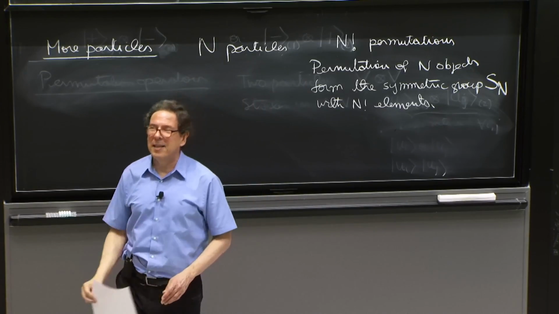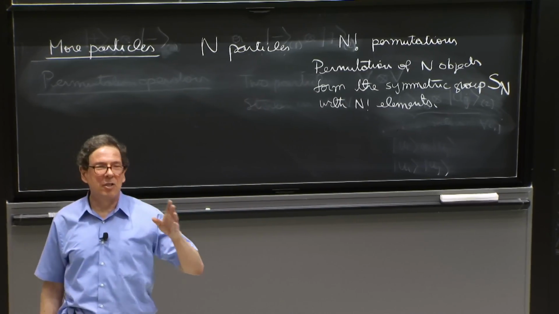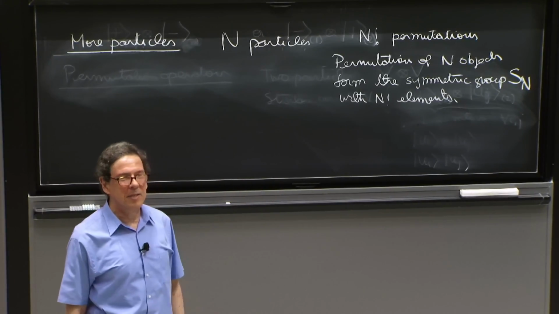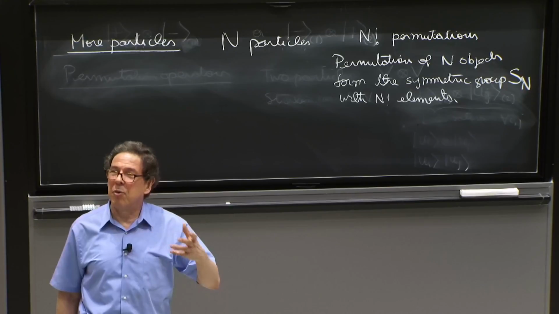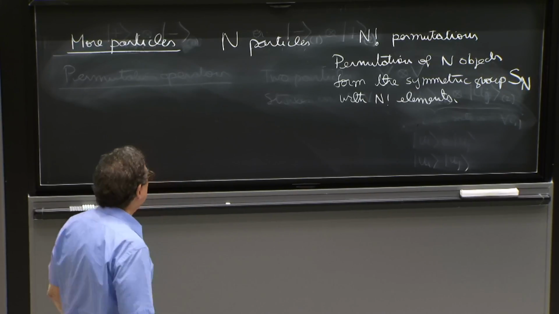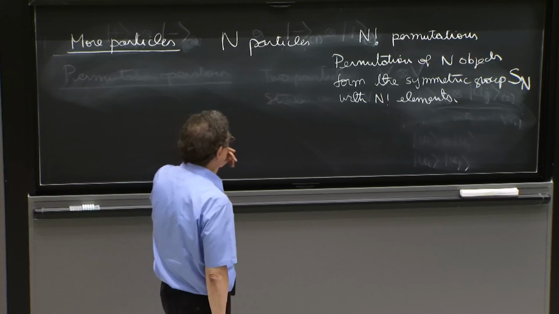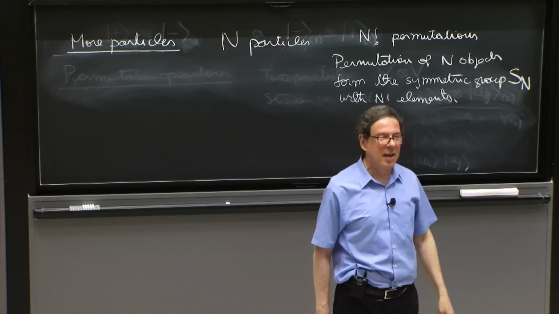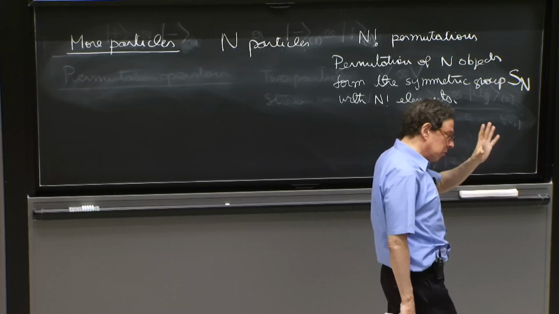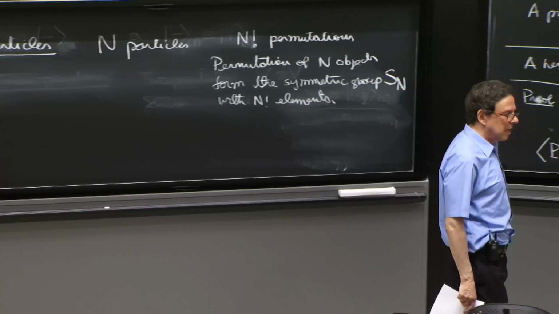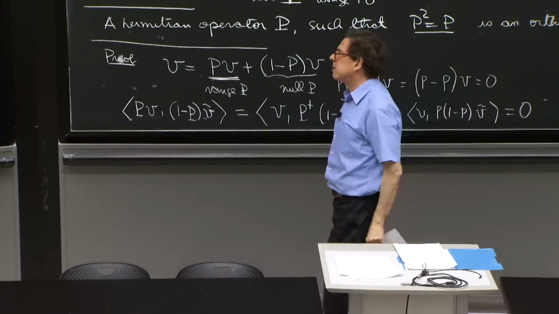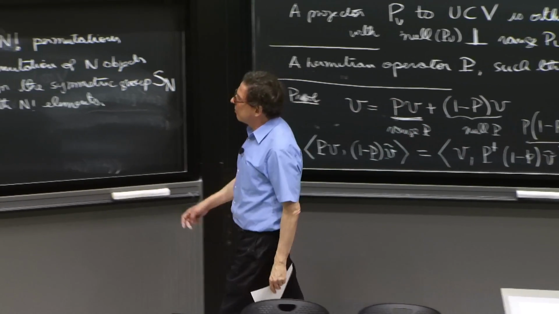Just like you study the group SU2 of 2 by 2 unitary matrices, or the group SO3 of three-dimensional rotations in space, the permutation group is a group that deserves a lot of study. It's a finite, discrete group. It's not a continuous group of transformations. It's discrete transformations, and they do funny things. So we need to understand this group.